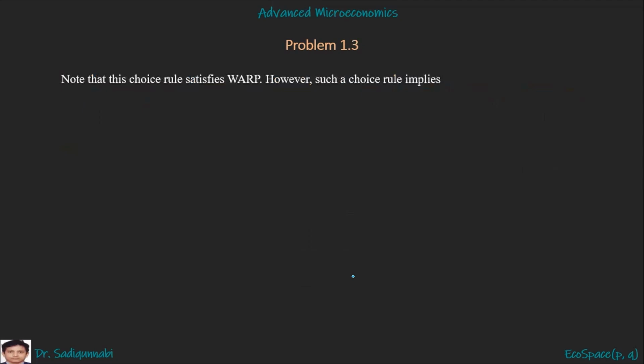Notice that these choice rules satisfy WARP.